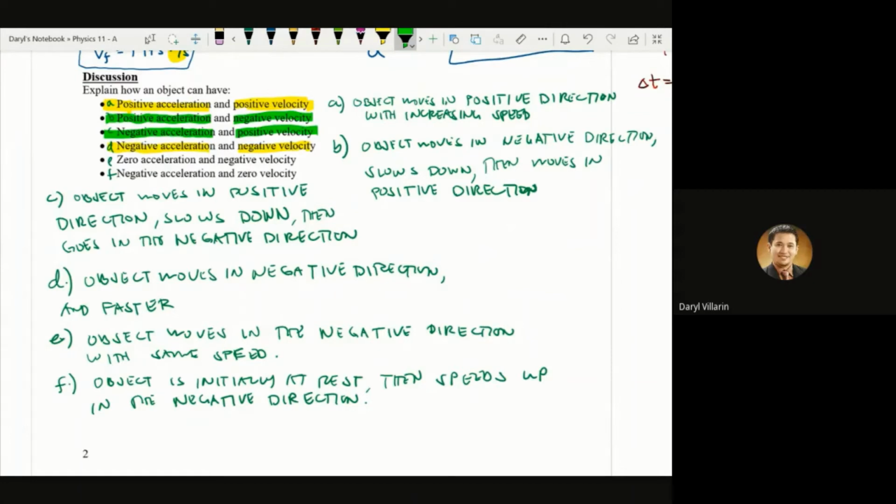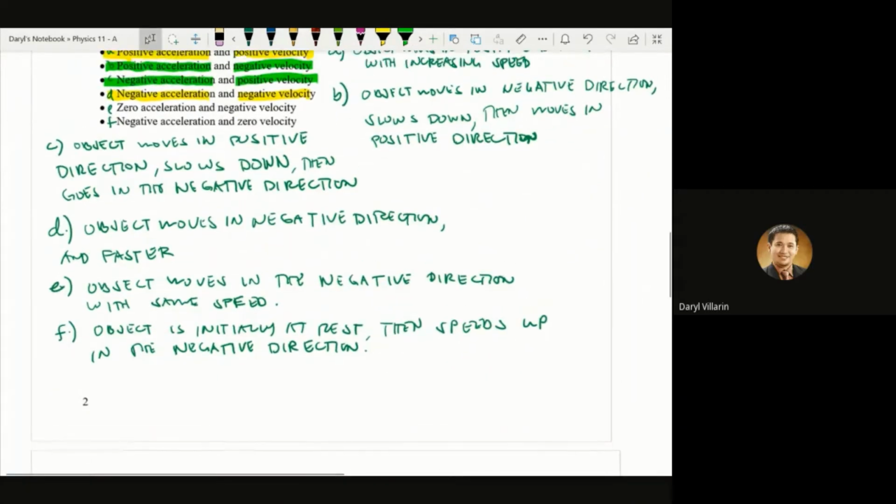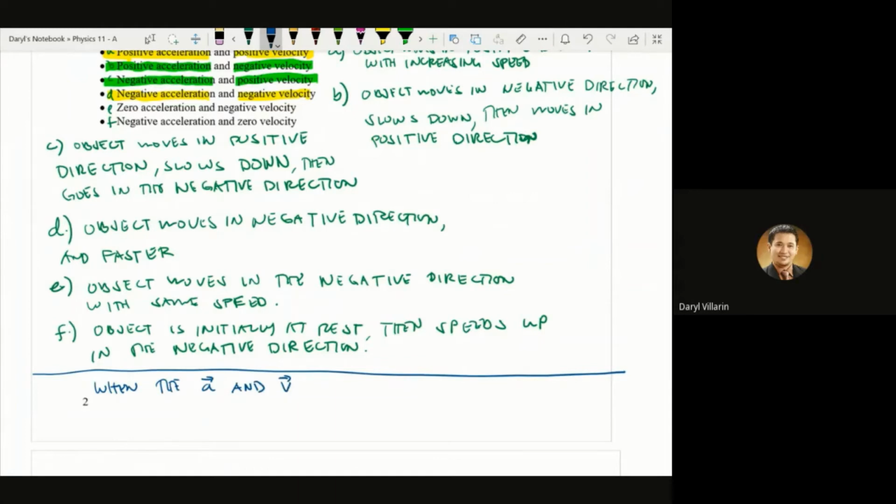So in that particular case, you can summarize your results here by looking at their directions. So you can say that when the acceleration and velocity point in the same direction.